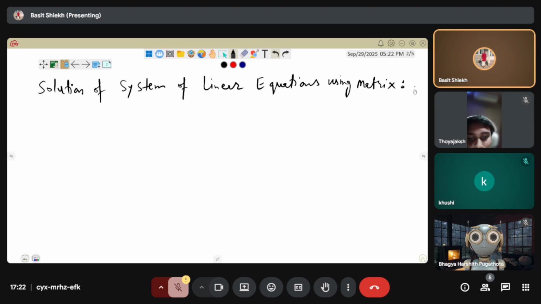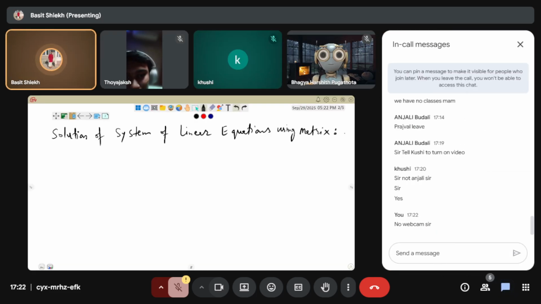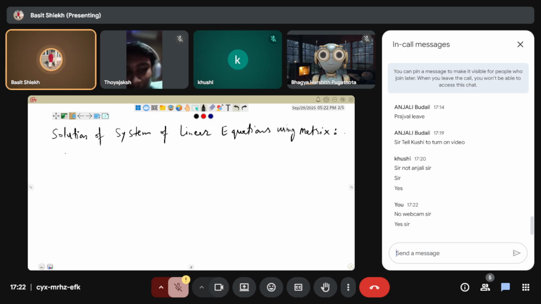I also have a problem with my webcam, because after 5 years there will always be some problem with a laptop. Okay, solution of a system of linear equations using matrix.